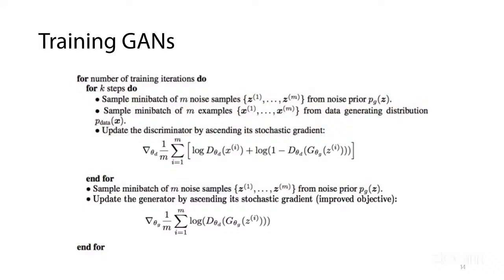So the generator will generate some random image that corresponds to some set of random numbers. And Z is basically the parameter. By changing the value of Z, you can change the output of the generator. And then during the training, we're just generating some random inputs to the generator. So that's the first set of samples.